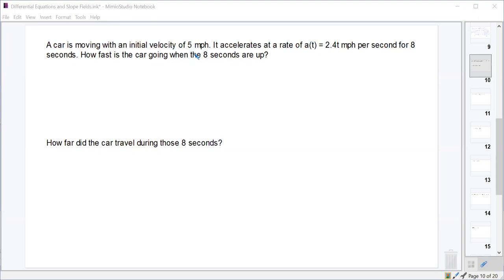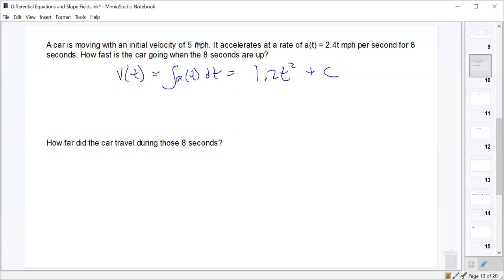All right, so we're starting with an acceleration function, and we're given an initial velocity. And if we want to find how fast it's going, we should just need to find a velocity function, right? So let's integrate the acceleration. What's the integral of 2.4 t? 1.2 t squared plus some constant, right?